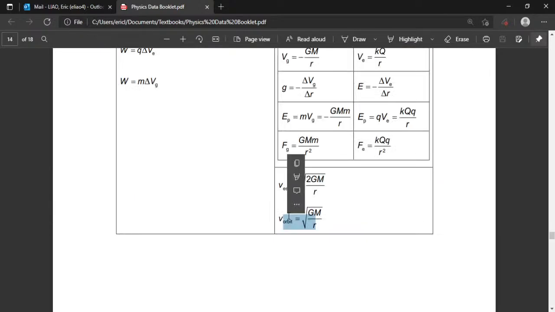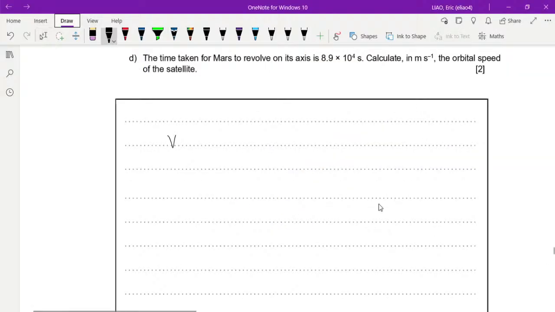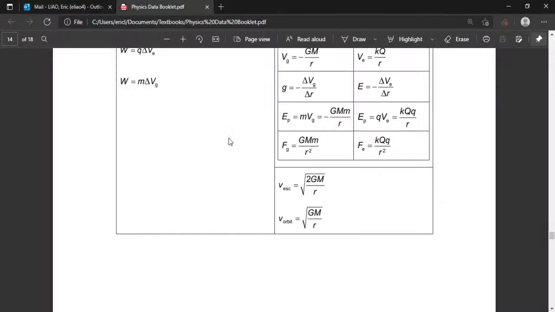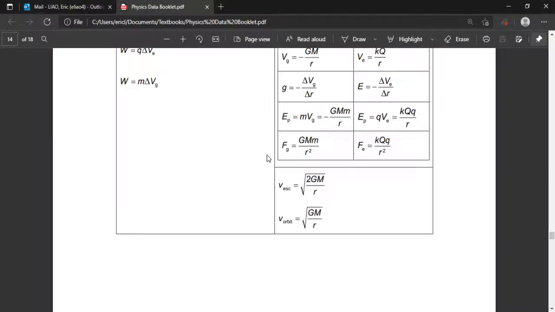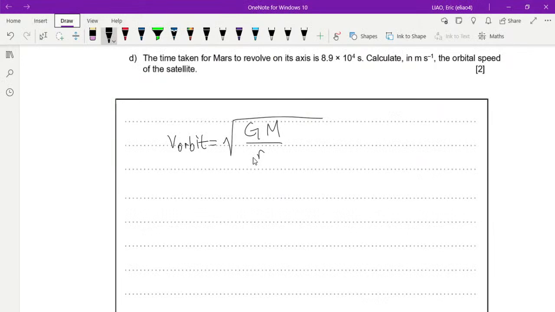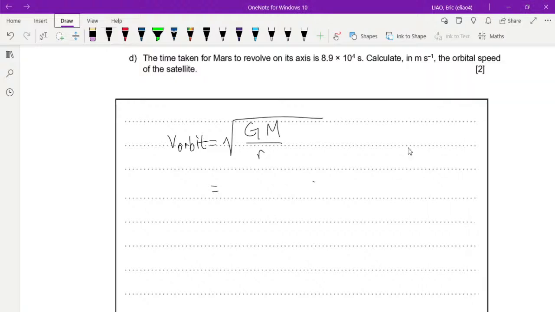V orbit, very nice. But we don't know what R is as such.